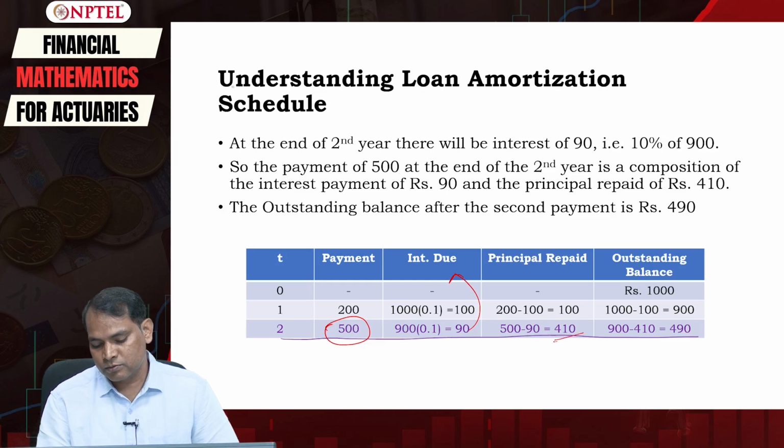So 410 rupees will be repaid towards the principal, and therefore the total loan outstanding balance will become 900 minus this one, which is equal to 490.